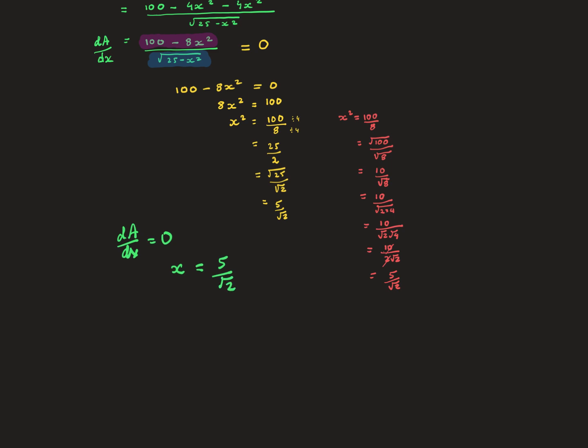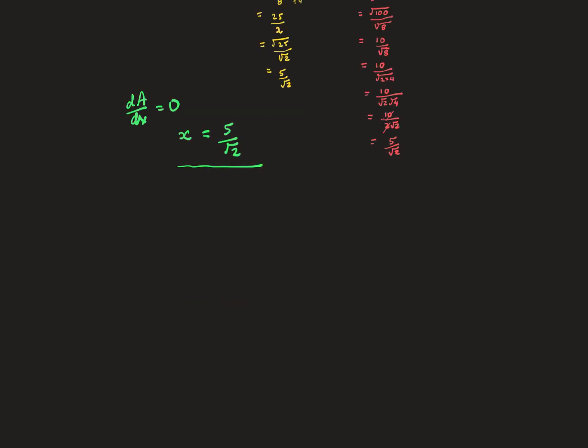Now mathematically the value may be minus 5 over root 2 and plus 5 over root 2, but because we're dealing with lengths here, it's impossible to have a negative length, so x is a positive value of 5 over root 2. Is this the maximum value or the minimum value? Well, we're going to do a sign test.